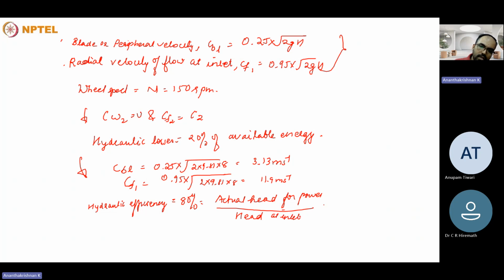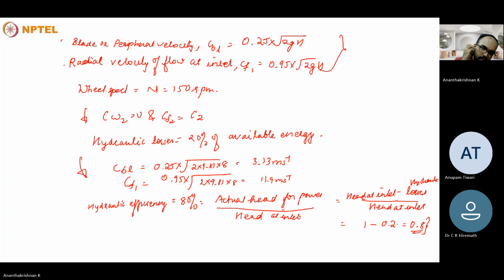So this is head at inlet minus hydraulic losses, divided by head at inlet. This is 1 minus 20% of the head. So that's why this is 0.8, that's why we got this as 80%.